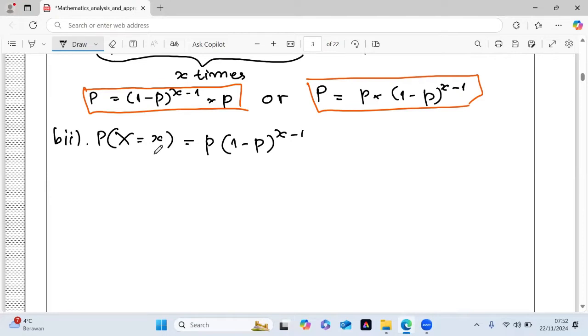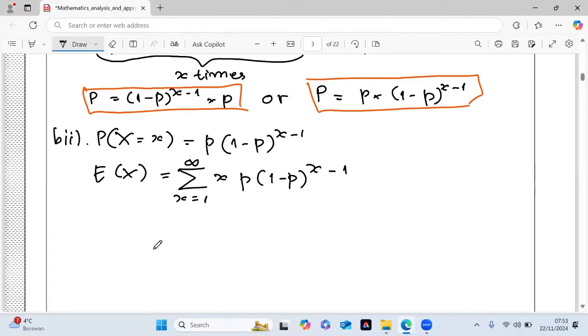The expectation value E(X) of a geometric distribution is given by the formula E(X) equals sigma x equals 1 to infinity of x times p times (1 minus p) power x minus 1.